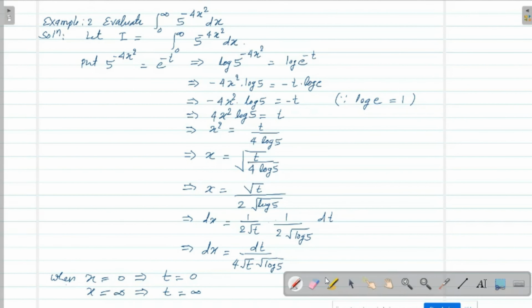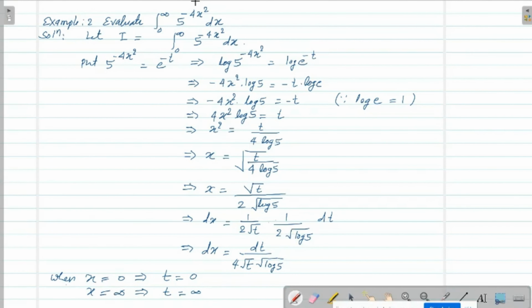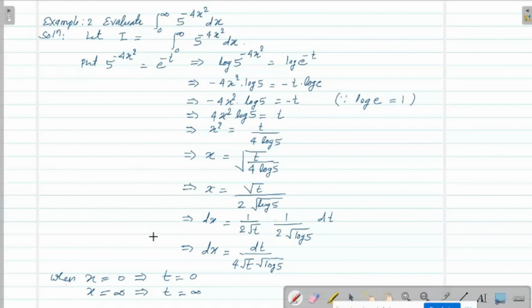Okay, let us move to the next page. Then we will use this substitution. So I equal to integral, limit 0 to infinity, 5 to the power minus 4x square. Instead of this, we will use e raised to minus t.